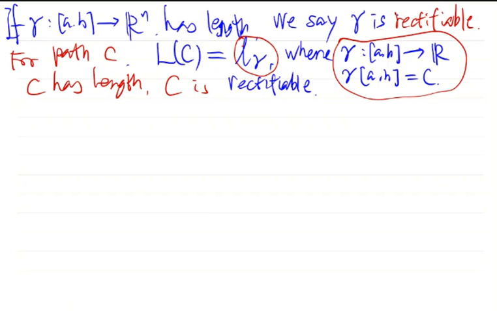Naturally, intuitively, their union should be rectifiable also, and the length of the union would be the sum of their lengths. So this is the next result we need to discuss.